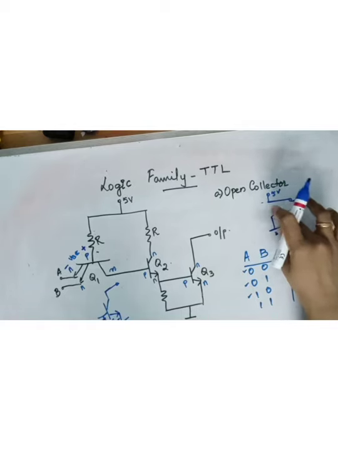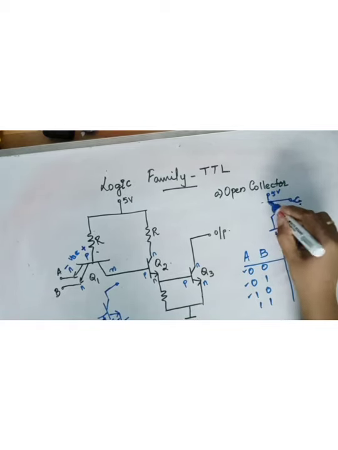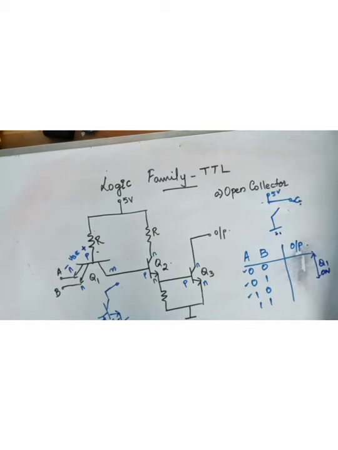Suppose the transistor is off, then it will act as an open switch. Then the voltage at the collector is 5 volt. So you can say that if the transistor is on, when is the transistor on? When A or B, either one or both, are 0. So in these 3 cases, the transistor Q1 is on.